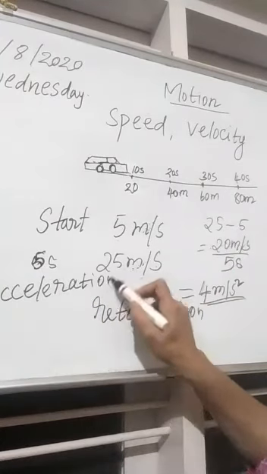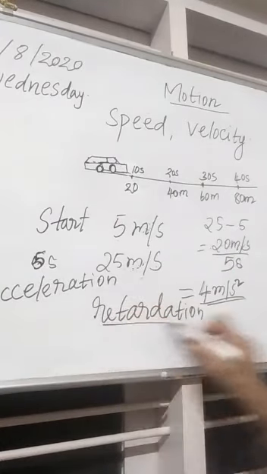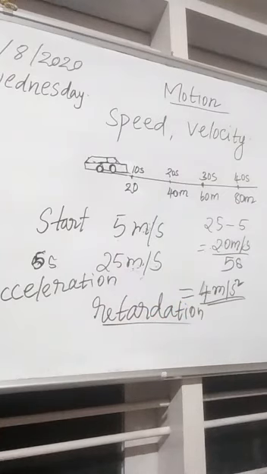A-C-C-E-L-E-R-A-T-I-O-N. Acceleration, its opposite is retardation. So if the speed decreases after a particular time, the change in speed divided by the time taken is retardation. This retardation is negative, or the opposite of acceleration.